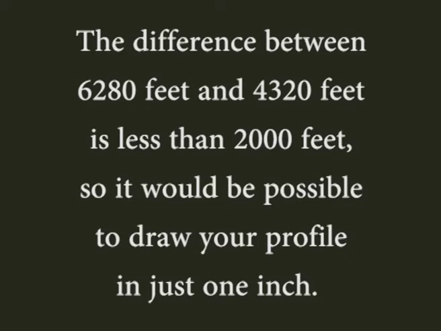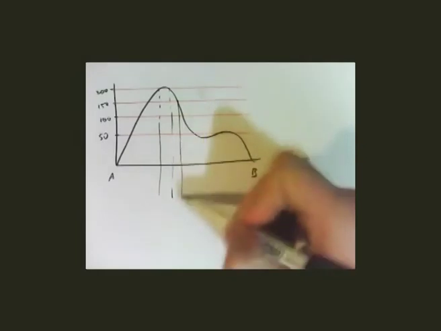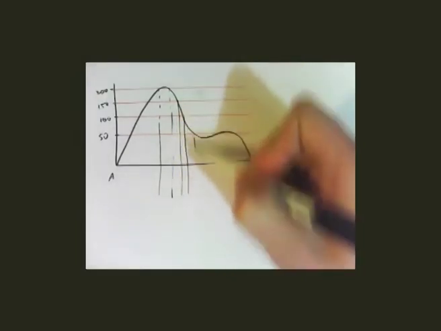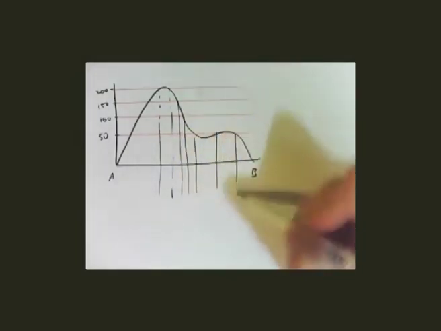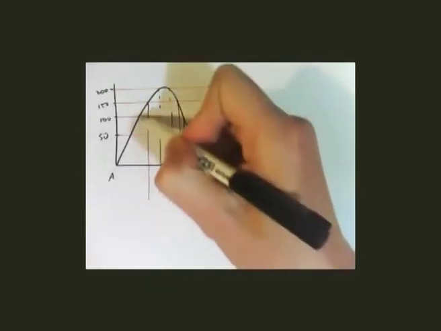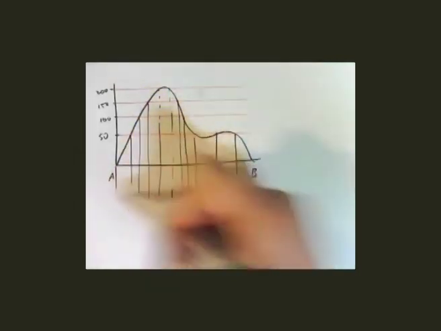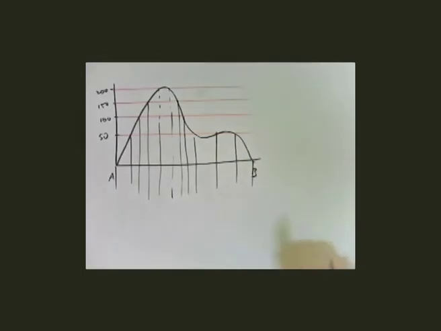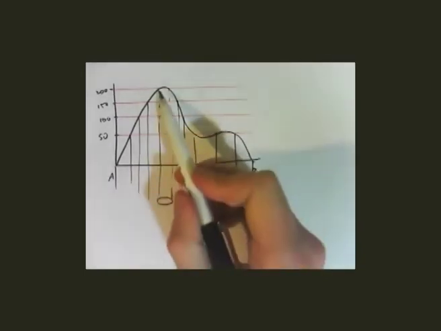So, it would be possible to draw your profile in just 1 inch. However, it is much easier to construct a profile if your lowest elevation is a multiple of 2000. So, you would want to start at 4000 feet and go to 8000 feet, that means 2 inches.